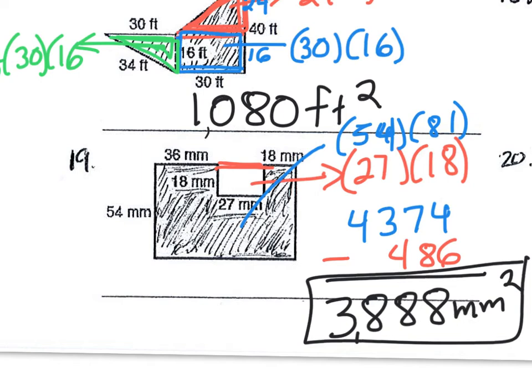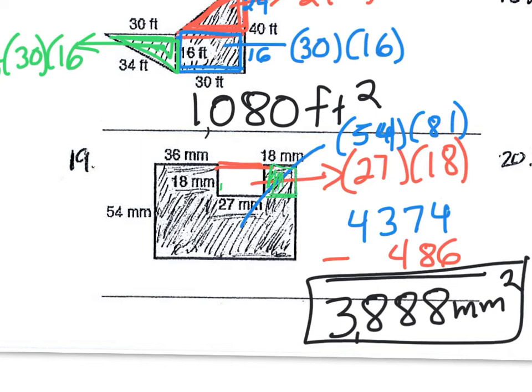Oh, okay. So you split into 3 shapes, and those 3 shapes were 3 rectangles? 2 and a square. Yeah, 18 by 18. Oh, I see what it is. So this little one?